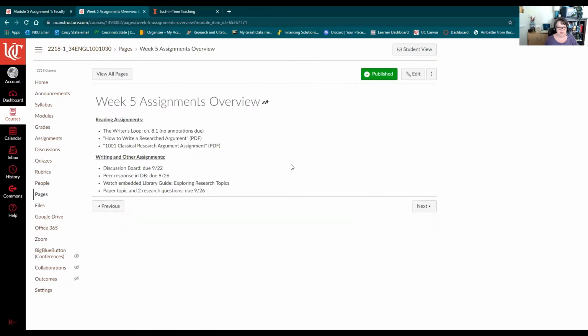So here's an assignments overview. I've changed the format a little bit here. You're required to read chapter 8.1 in the Writer's Loop, but there are no annotations due this week, which is great. Next, I want you to read through a PDF handout that is called How to Write a Researched Argument. This is actually from the Student's Companion to the Writer's Loop.